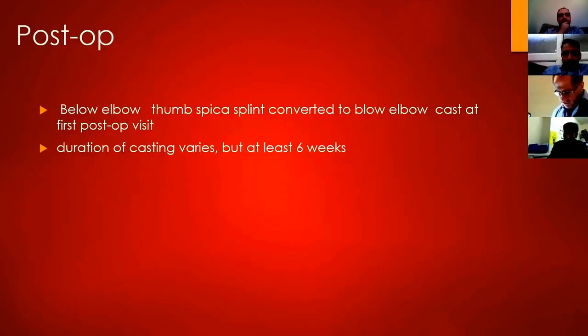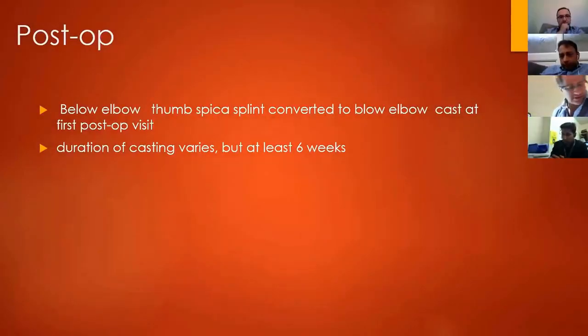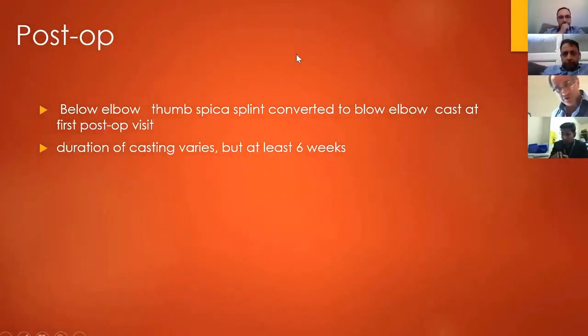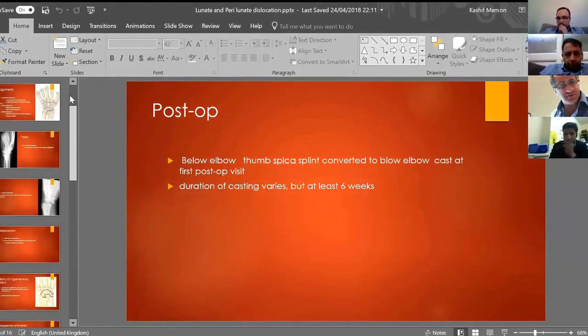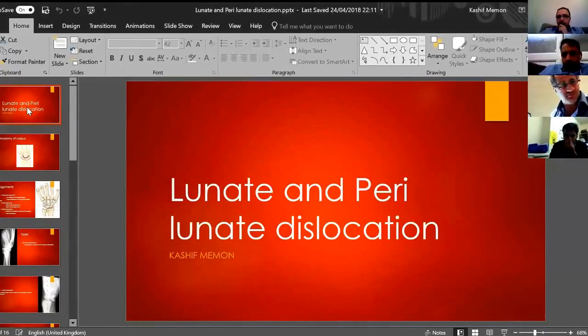There is one other scenario where you have a patient who is unable to go to theatre for whatever reason, stuck in ICU, intubated for other injuries, but you've got the X-ray confirming a lunate dislocation. If you leave this patient for 24 hours, they will have median nerve symptoms. So your options, and this was going to be a hot seat question for me, but since we brought this up, we might as well talk about it.